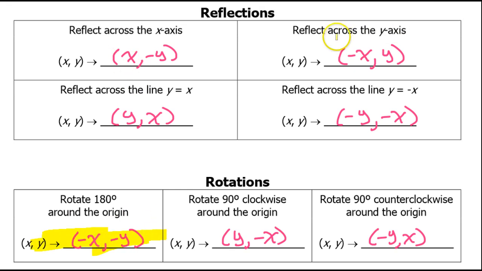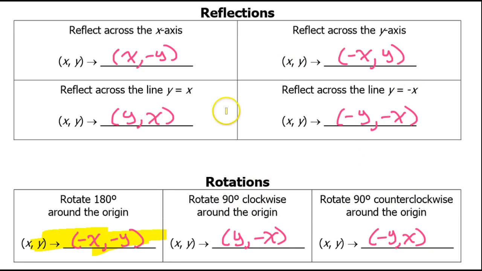The other ones all occur in pairs. Notice if you look at just the first coordinate, it goes positive, negative, positive, negative, positive, negative. So that's one little hint that will help you memorize these when you're not sure. These go in pairs: x-axis, y-axis, y equals x, y equals opposite of x, clockwise, counterclockwise.